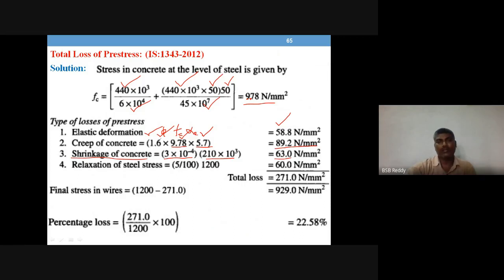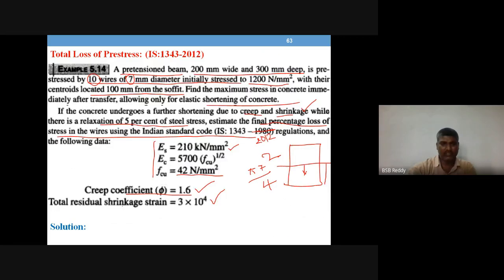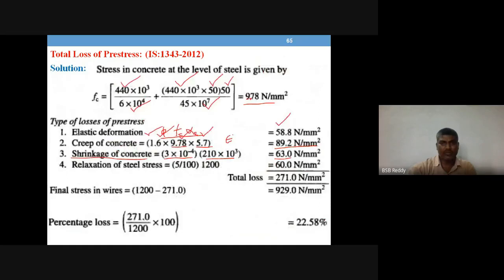Okay, this is the formula for this, and this is also epsilon into capital E suffix S, the shrinkage strain epsilon S, whatever is mentioned here. That is the formula for this.